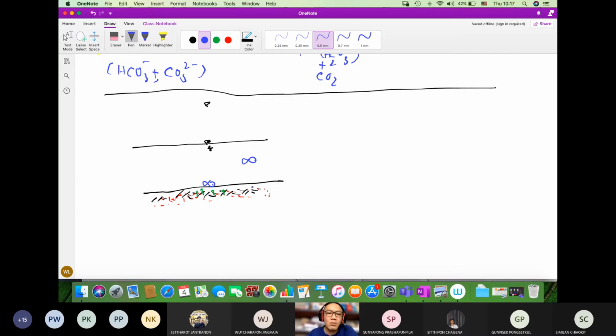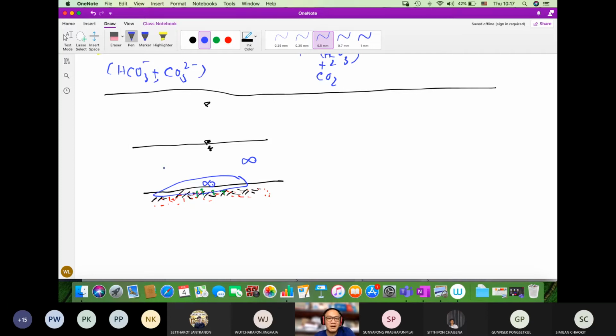So we try to avoid eating these kinds of organisms, including snails. These benthic organisms are a kind of organisms that we should not eat if it is not necessary, because they have a very high chance of getting contaminated with toxic substances.